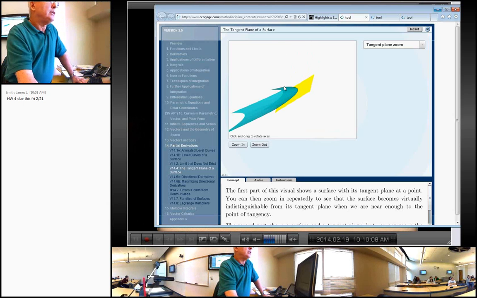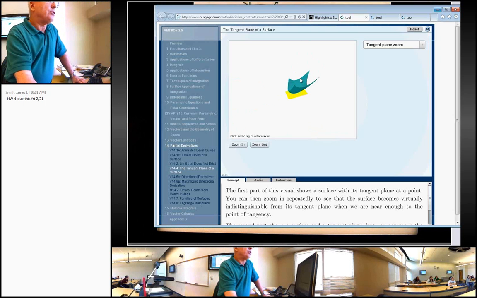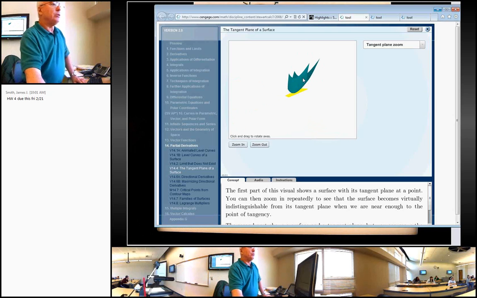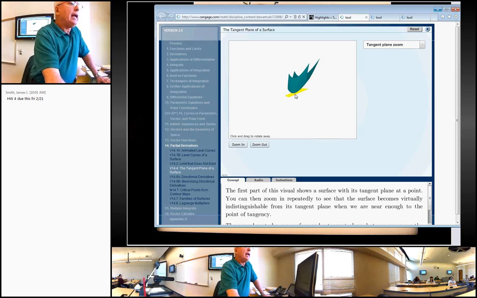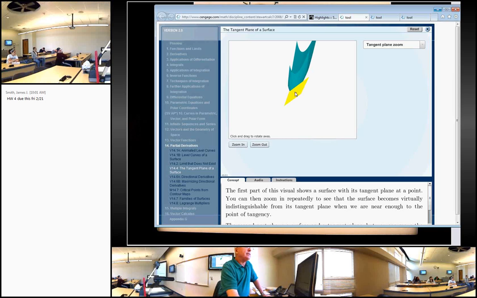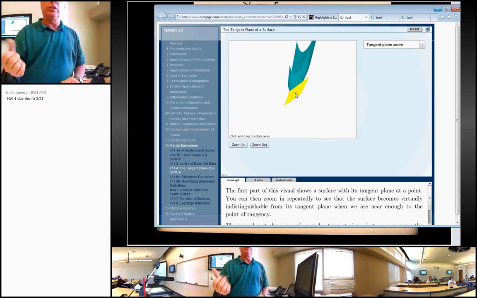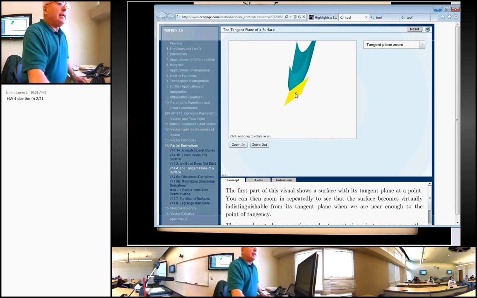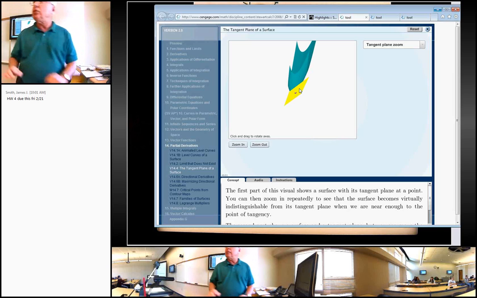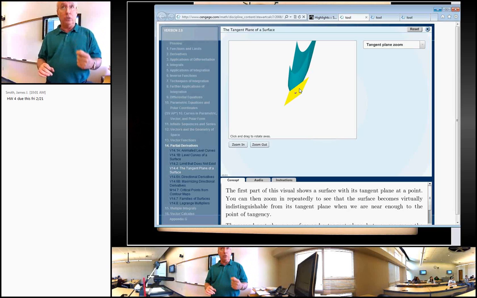The blue here is our surface. So the surface is really curving upward. And right down here, it looks like a purple dot, this is the point on the surface. The yellow plane that is coming out from that is the tangent plane at that particular point.